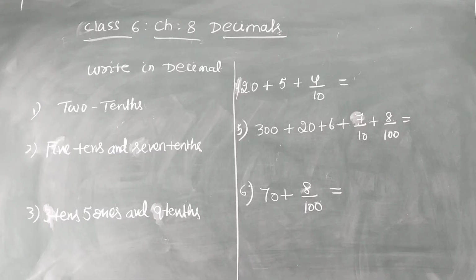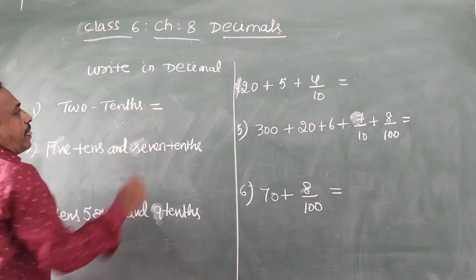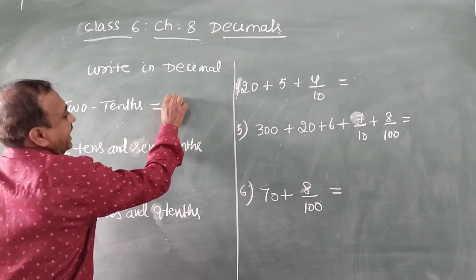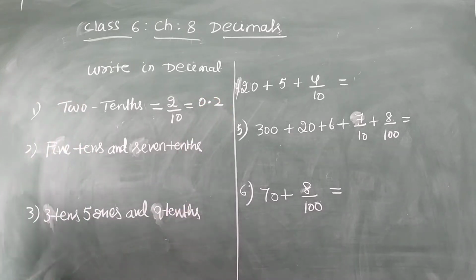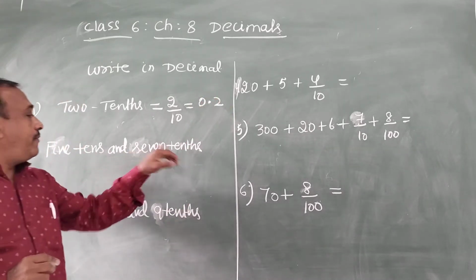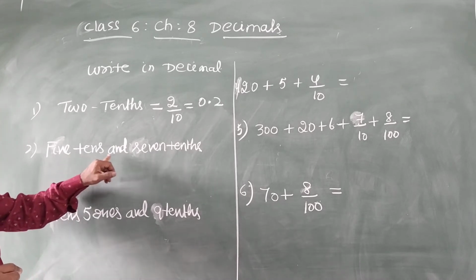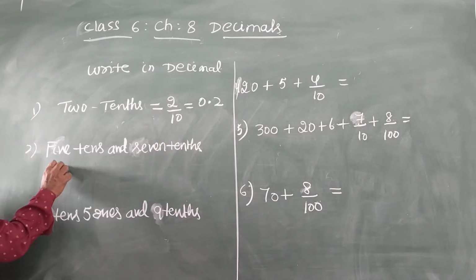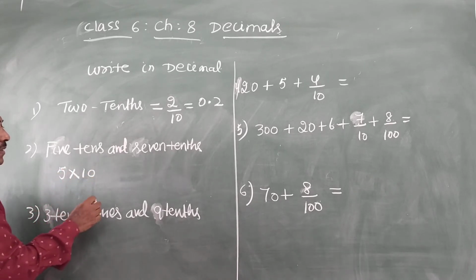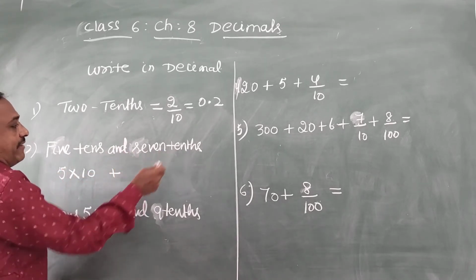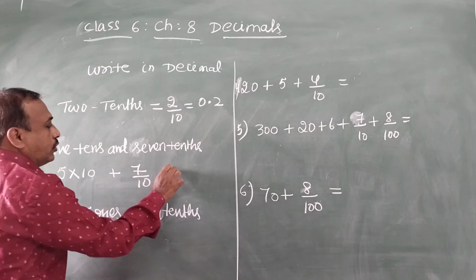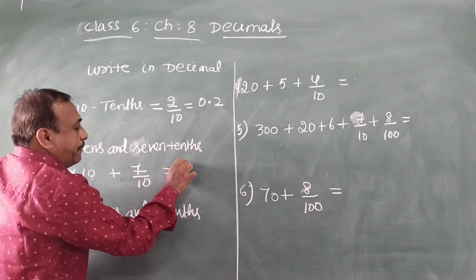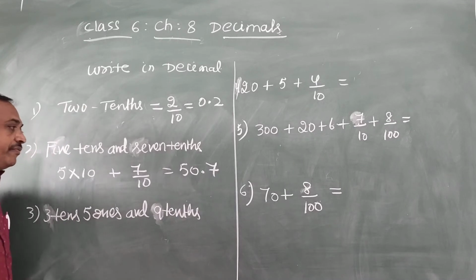Let us see some examples of how to write in decimal form. 2 tenths we write as 2 by 10, which is 0.2. And 5 tens and 7 tenths: 5 tens means 5 into 10, plus 7 tenths, 7 by 10. 5 into 10 is 50, so 50.7.